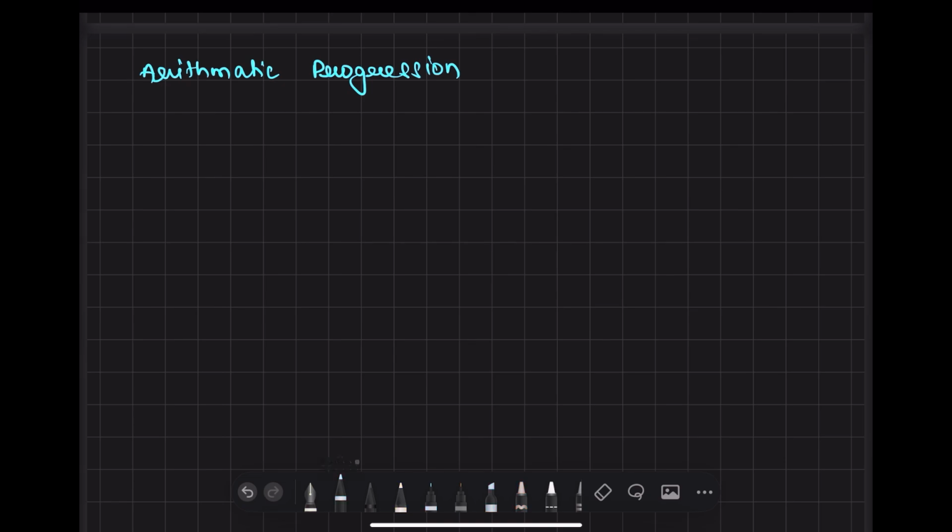What does arithmetic progression mean? Suppose you are dealing with any specific number A. It can be anything: 0, a positive number, a negative number. And you have another number which you will call D, and you will add it to this element to get the next term.